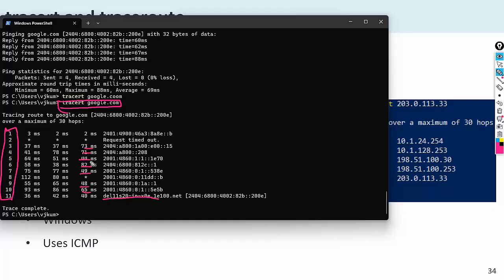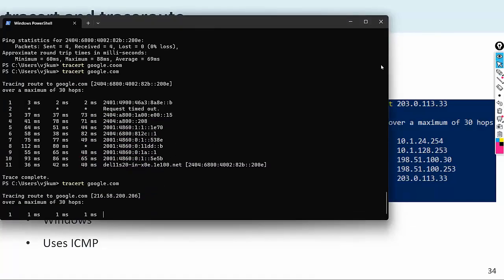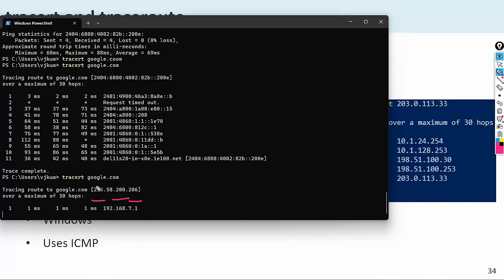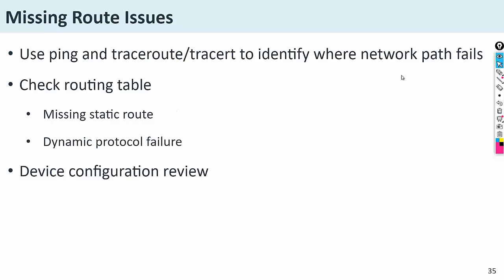In between there are multiple routers, and this is the IP address of each router. Okay, same command I am using again. So you can see this is the IP address of the target machine. The target server is 216.58.200.206. So this can be used to get the IP address, and all the hosts available in between will be displayed here. Okay, so you can use this command on your system.